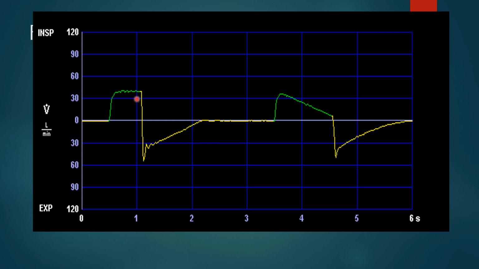So the inspiratory part of the flow curve, especially in volume control, looks like what you would expect it to look like, because this breath is being delivered at a flow rate of 40 liters a minute, or whatever that is, for an I time of, it looks like about 0.6 or 0.7 seconds.